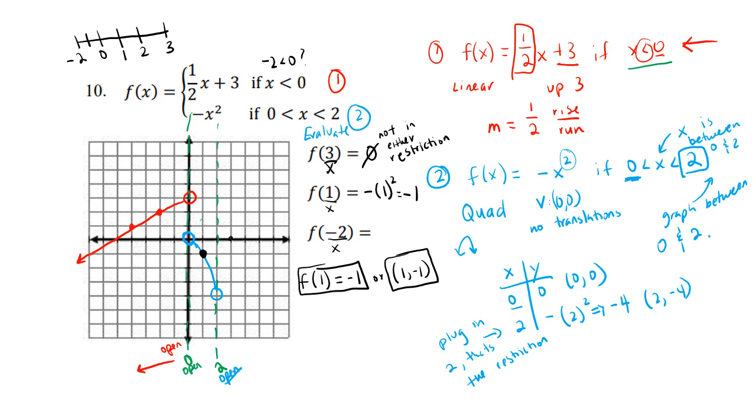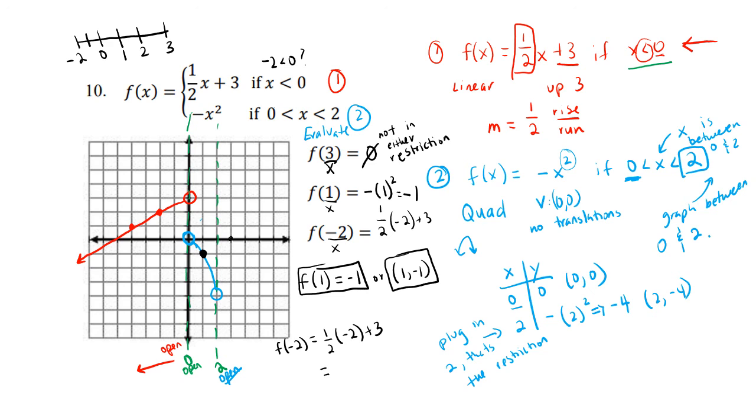It works there. So we will have 1/2 negative 2 plus 3. Now let me take that down here. F of negative 2 equals 1/2 negative 2 plus 3. 1/2 of negative 2. You just have to think of what's half of 2.